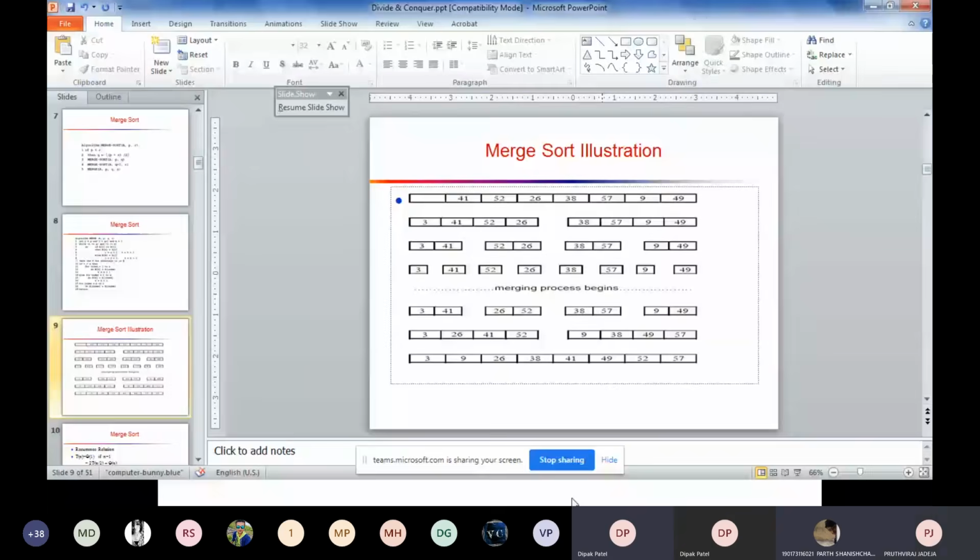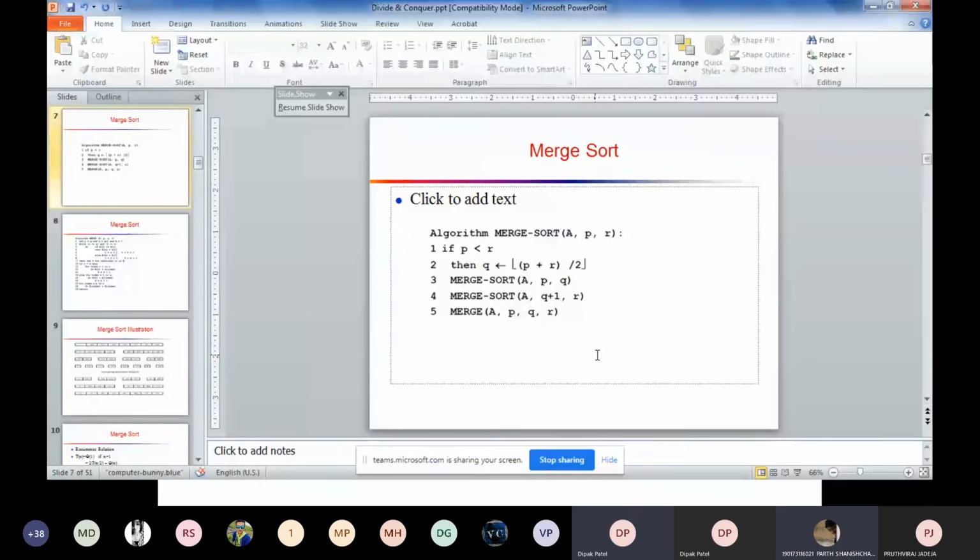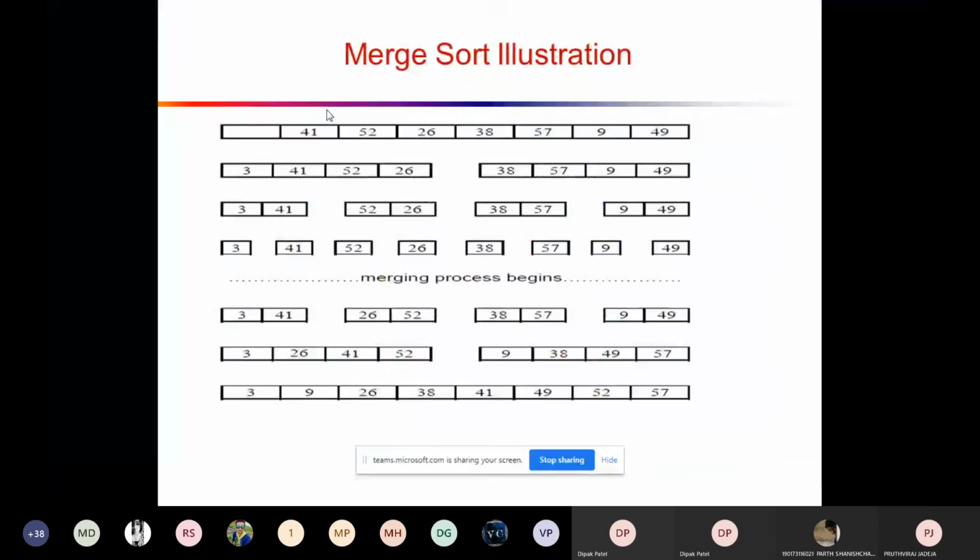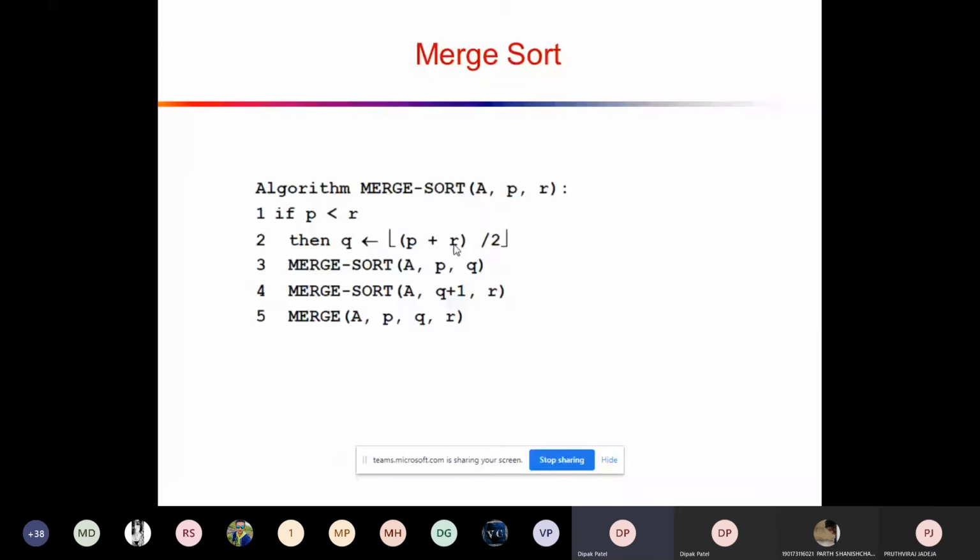Sir, the 2T(n/2) part, please explain it once again. Yes. For that, let's have a look at this merge sort algorithm. In merge sort, you have to pass array A, and the position of the first element P and the position of the last element R. If P is less than R, the position of the first element is less than the position of the last element, so there are some elements; this is the low index, this is the high index.